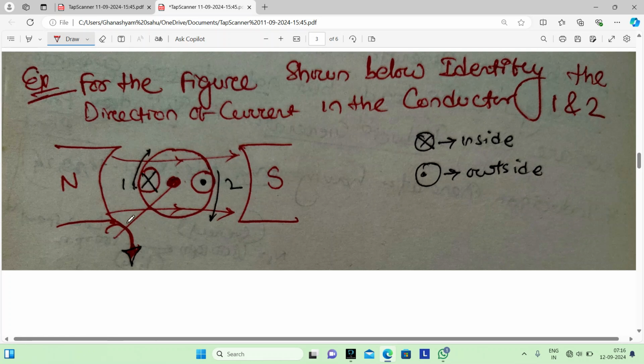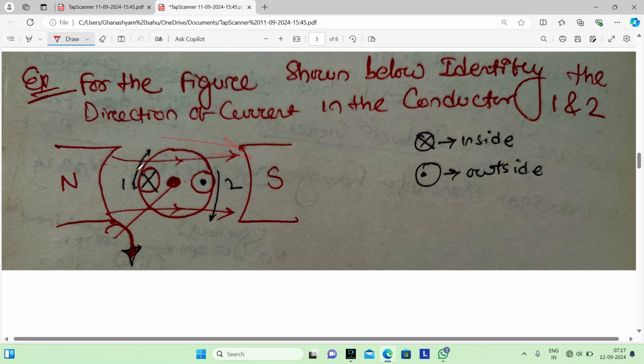If we follow the direction of rotation, this conductor is going upward and this conductor is going downward. This is the motion of the conductor. Which finger indicates the motion of the conductor? The thumb. So the thumb points upward, and which finger indicates the flux? This is our forefinger, so the forefinger points in this direction.